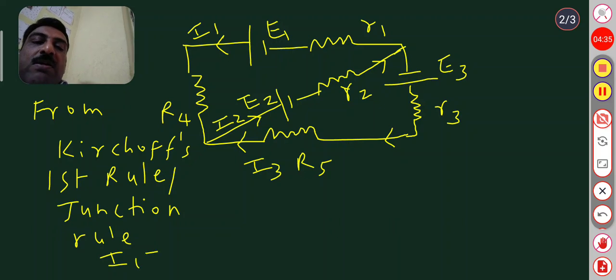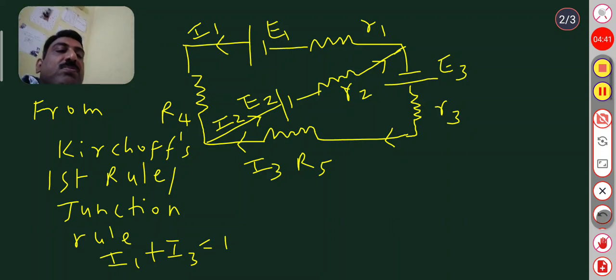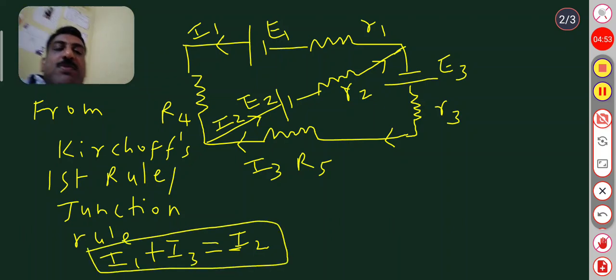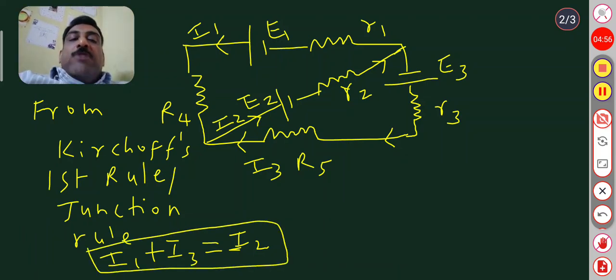So I1 plus I3 is equal to I2. So this is one relation you have by using Kirchoff's junction rule: I1 plus I3 is equal to I2.